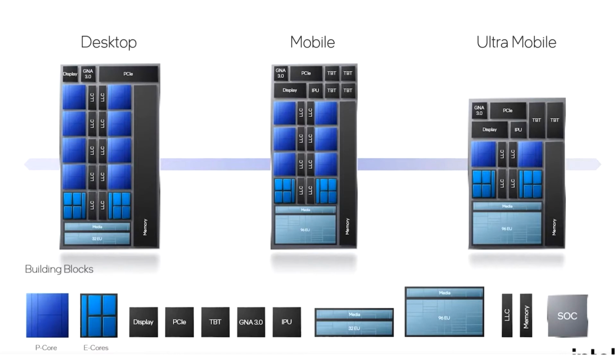The desktop segment, headed by the new LGA 1700 socket, receives the largest die. Physically, it has 8 P cores, and 8 E cores across 2 clusters. The chip also features the smallest IPU, with only 32 execution units. Being a desktop platform, the IPU enjoys much greater power budget and can run at higher clock speeds to try and make up for the lower EU count.